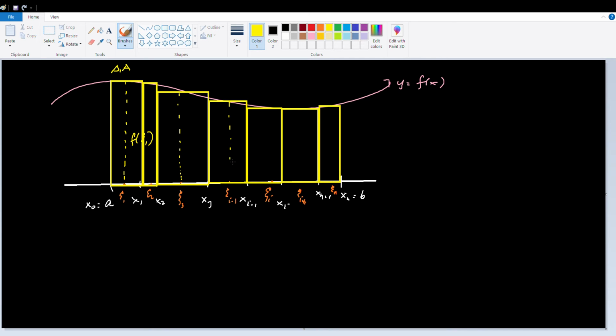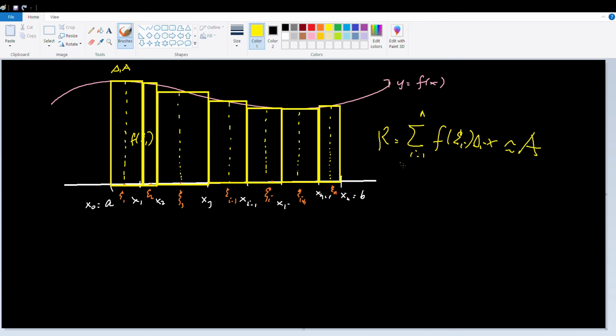So the Riemann sum geometrically represents the sum of the areas of the n rectangles, neither inscribed nor circumscribed, because it depends upon the point chosen. So the Riemann sum is the sum of f of c sub i delta ix, i from 1 to n, and it approximates again the area of the region beneath the graph of y equal to f of x.